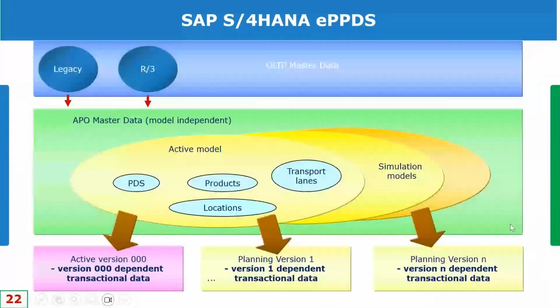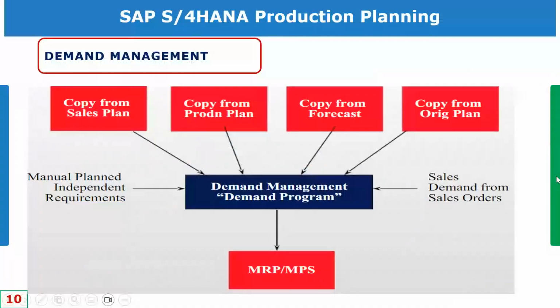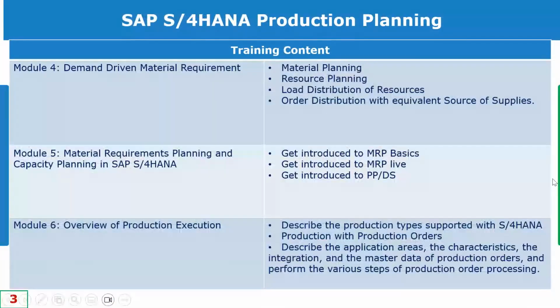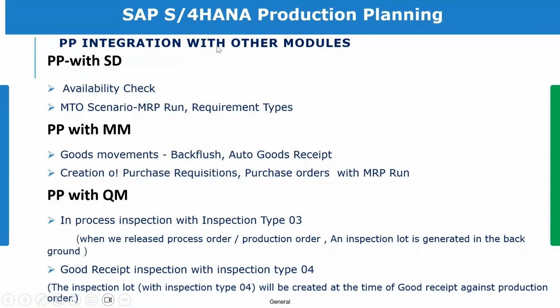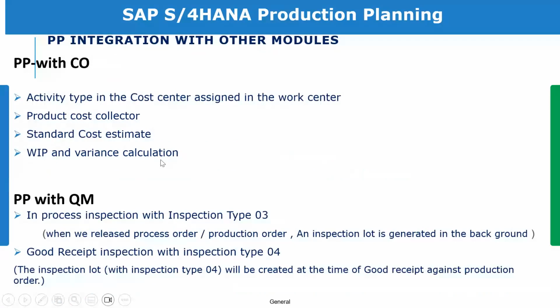For example, what integrations we have with PP: how it is connected with SD, how MM is influencing, how QM is influencing. Our main focus will be production planning, but in addition we have some integration points, right? How it is connected and how the data is influencing. These things we will speak about.